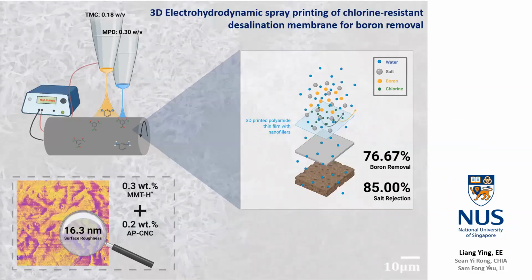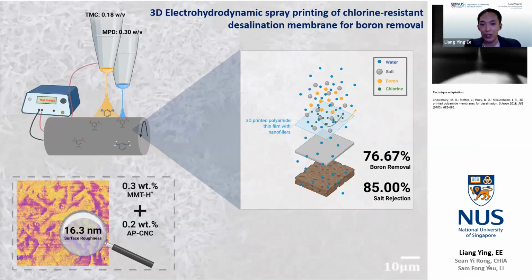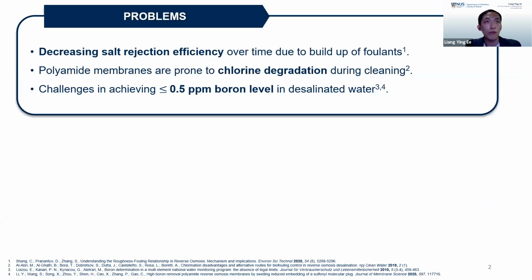Okay, yeah. So, like I mentioned, in our research, we replicate an electrospray printing setup and demonstrate the high dispersibility of the nanofillers for the purpose of chlorine resistance and boron removal in polyamide desalination membrane. So the high tendency of fouling and low chlorine resistance from cleaning the polyamide membranes are two huge bottlenecks to be overcome. Moreover, the presence of boron at high concentration in seawater is detrimental to human health.